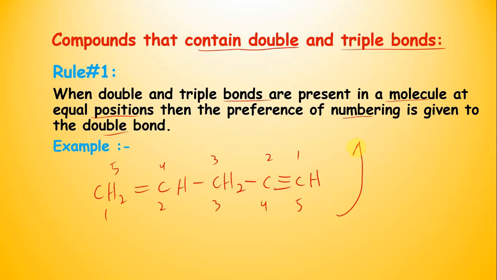Now move towards rule number 1. What does rule number 1 say? Rule number 1 says that you will start the numbering from that end where the carbon-carbon double bond is present.